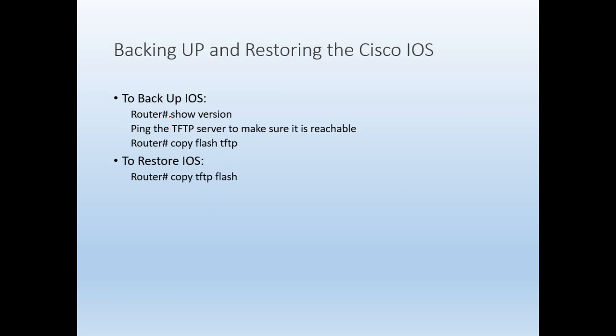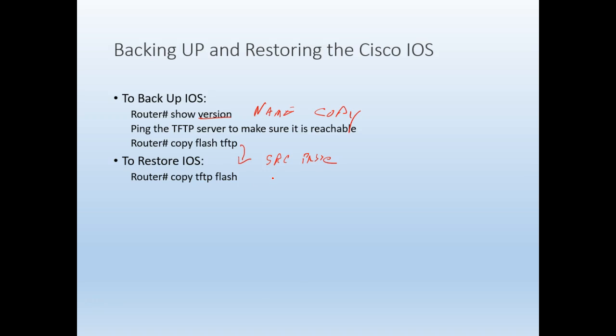So to back up the IOS, show version, and when you show the version, you're going to be able to see the name. And again, I think you want to copy it, and then when you copy flash TFTP and you go on down here, it's going to become a menu. It's going to ask, what's the source file name? So you paste it instead of trying to write it in, and then it goes on down. What's the destination IP address?